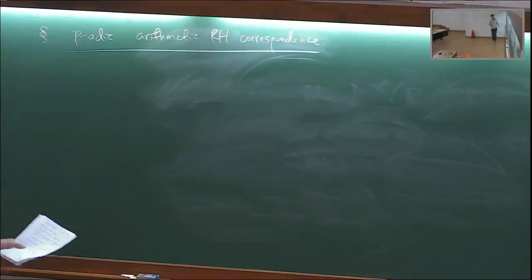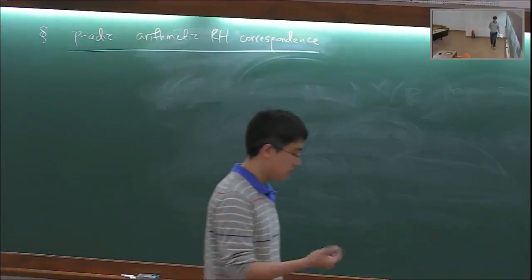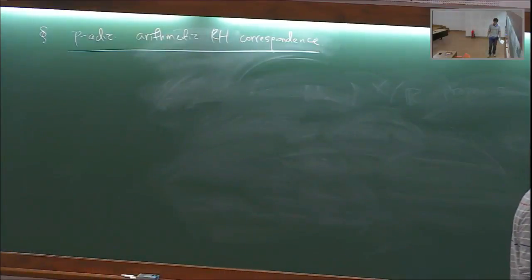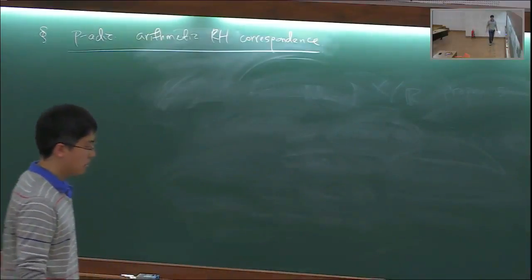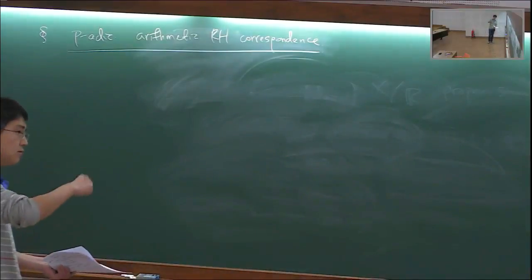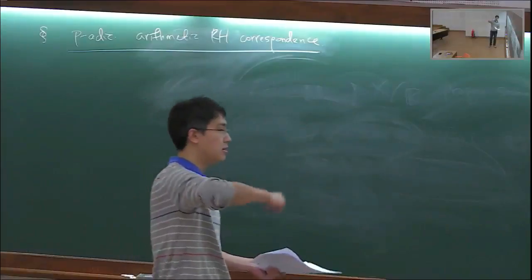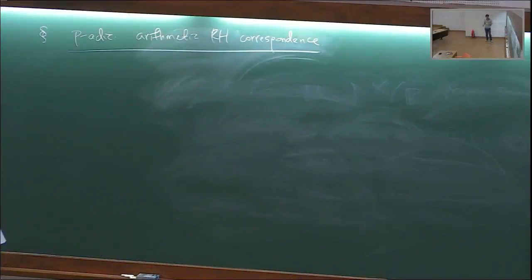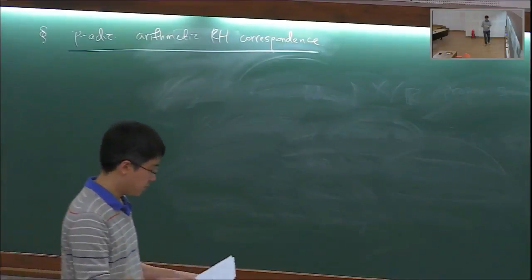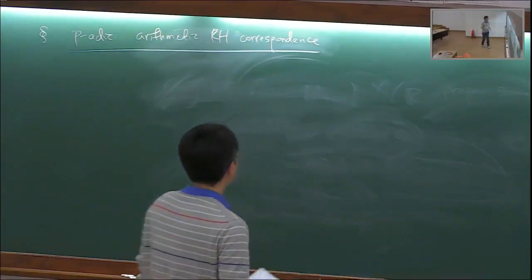Fontaine has this construction of the de Rham period ring and de Rham representation. Of course, if we want to generalize to a relative situation, namely you consider local systems over algebraic varieties or rigid analytic varieties, you need to first globalize, or sheafify, the construction of this de Rham period ring.